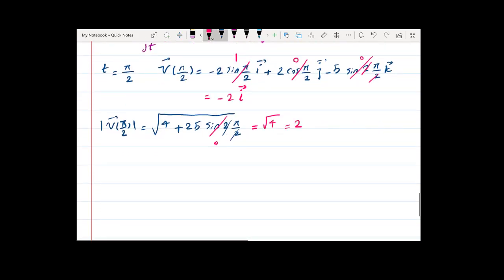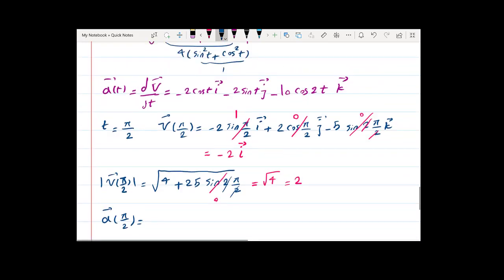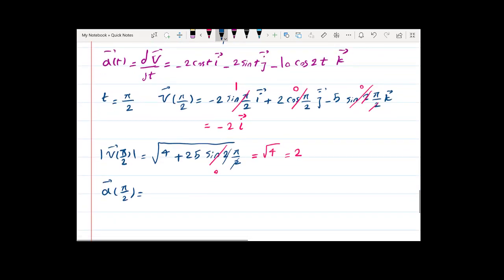And the third one, the acceleration vector at the point pi over 2, is equal to negative 2 cosine of pi over 2 i, minus 2 sine of pi over 2 j, minus 10 cosine of 2 times pi over 2 k.